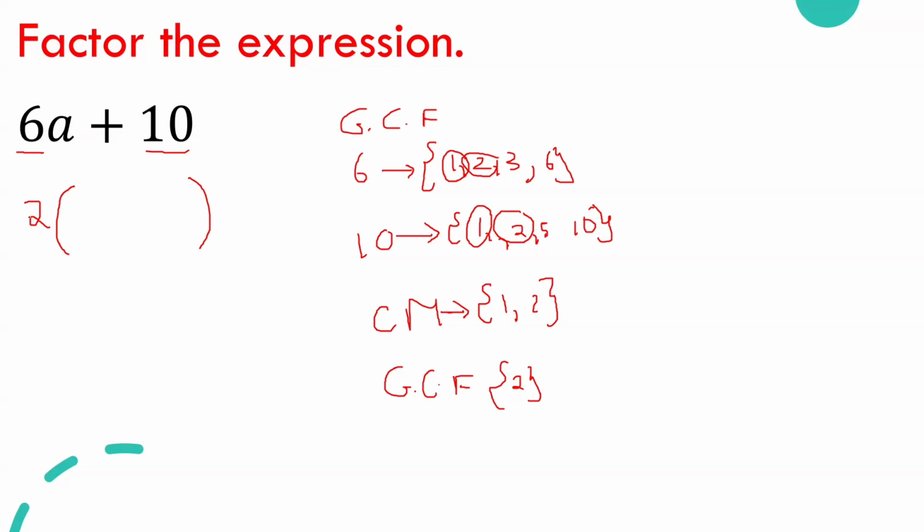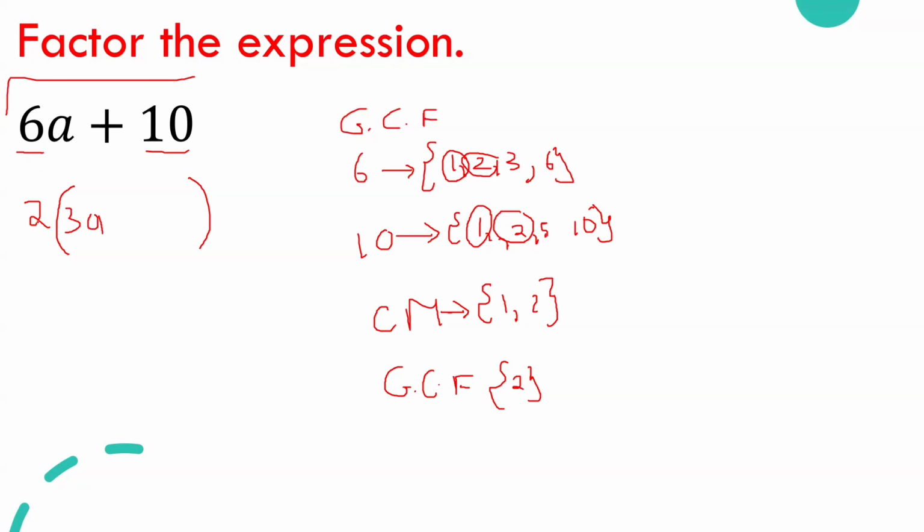Now you are going to use that number or that factor to divide the original expression that was there before. Now we are going to take 2 and divide it into this expression. How many groups of 2 are there in 6? It is 3. And we write back our A here.